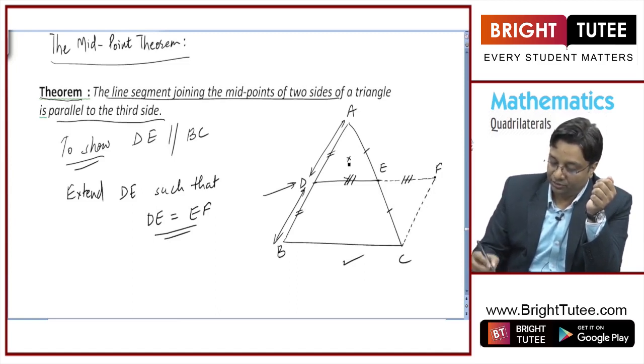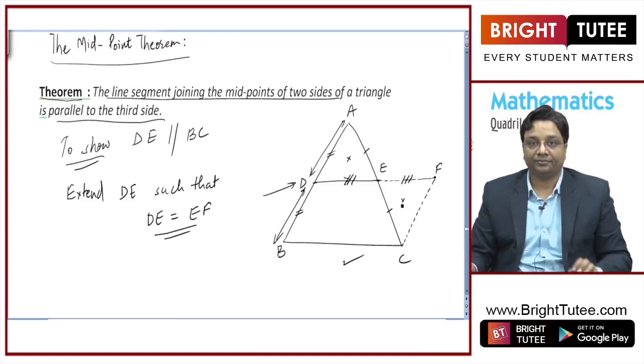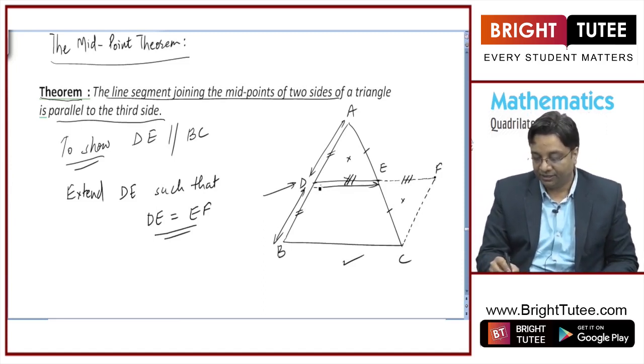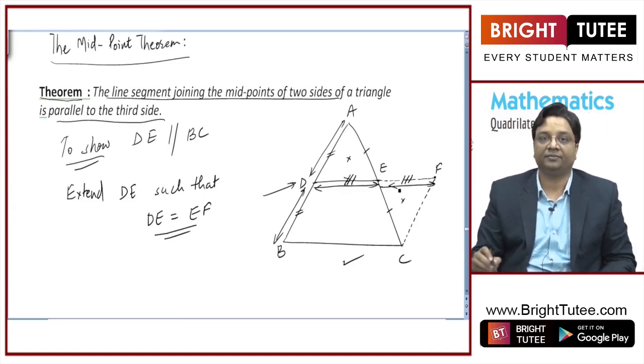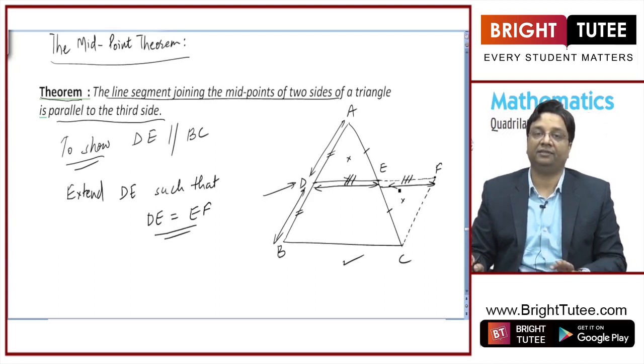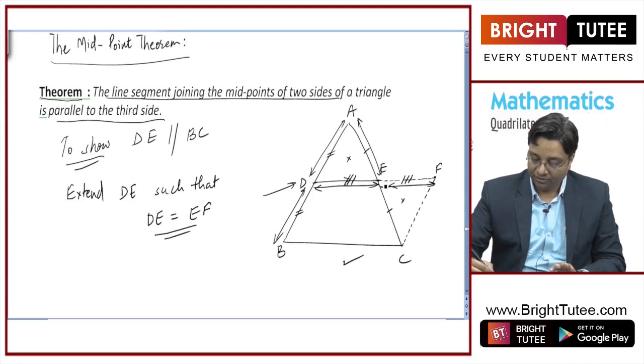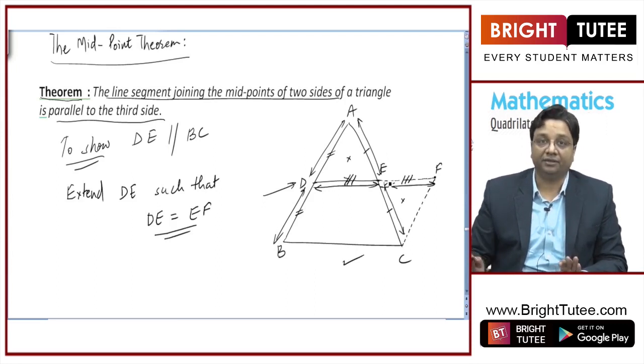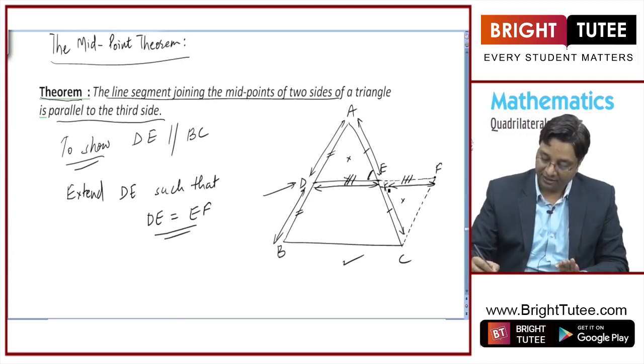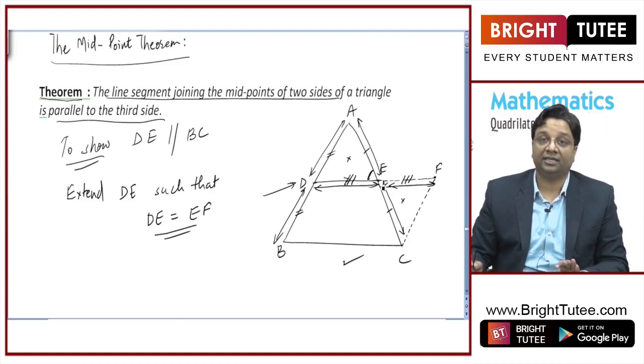right, look at these two triangles now. This segment is equal to this segment here because of the construction I have done, right? This segment is equal to this segment because it is given, and this angle here is equal to this angle because these angles are vertically opposite angles, right?